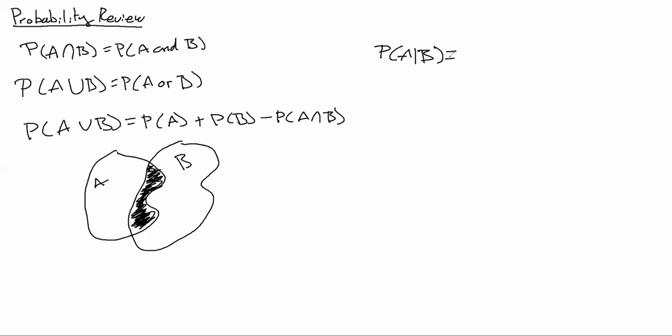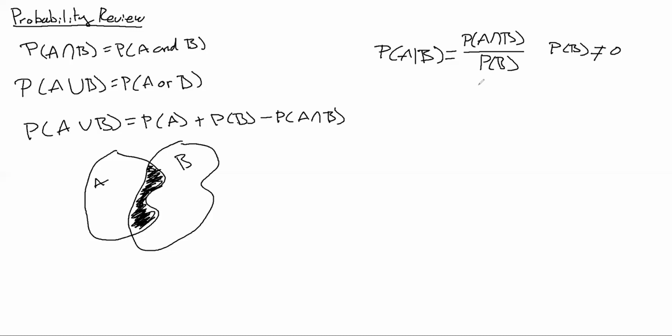For that, we want the intersection: the probability of A and B over the probability of B, because B has already occurred. In the denominator you have the probability of B, which means it can't be 0, since you can't divide by 0.